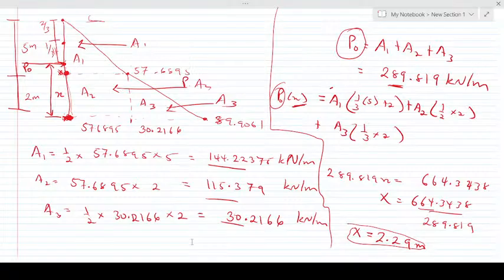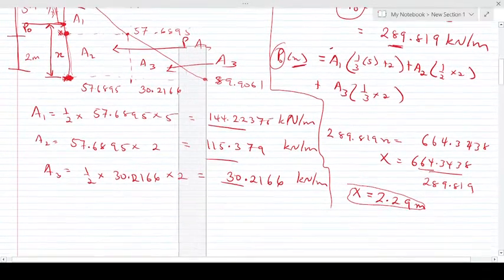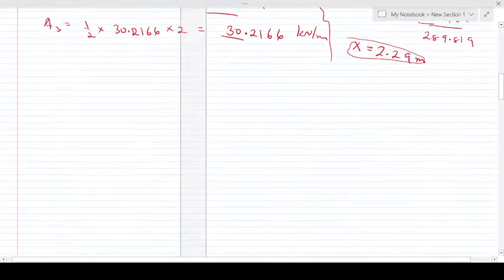Now let's consider cases for the passive state. Before, in order for you to know whether it's active, passive, or at rest, either the question gives you a clue or you are being told directly.